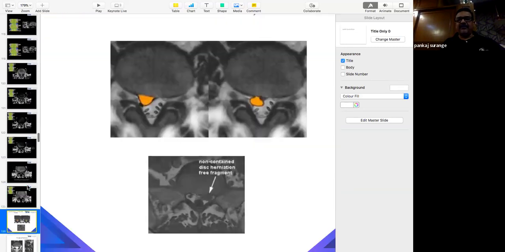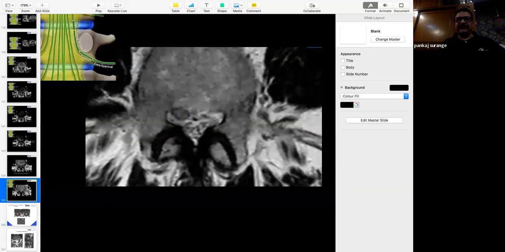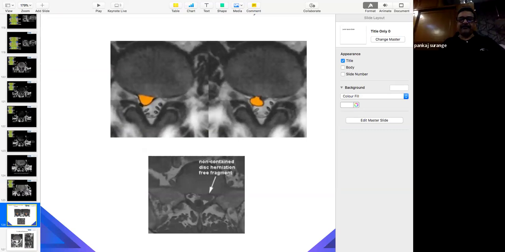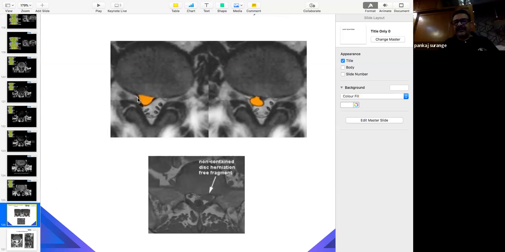Okay, you may have the combination of central and paracentral herniation also. Okay, you may have combination of paracentral and foraminal herniation also. In that case, you may be having compression of the exiting root and traversing root both. Okay, on MRI, we can see whether it is a contained herniation or extruded herniation.